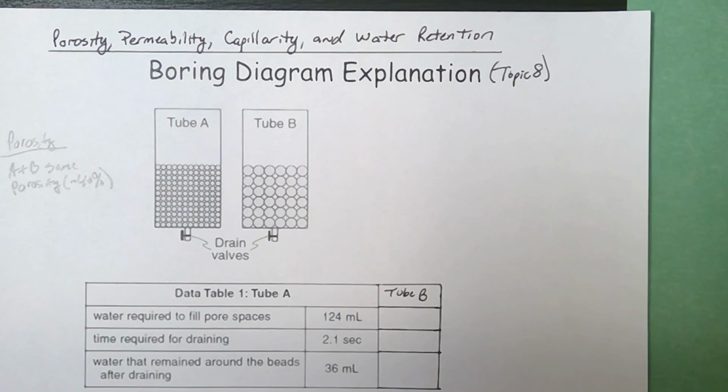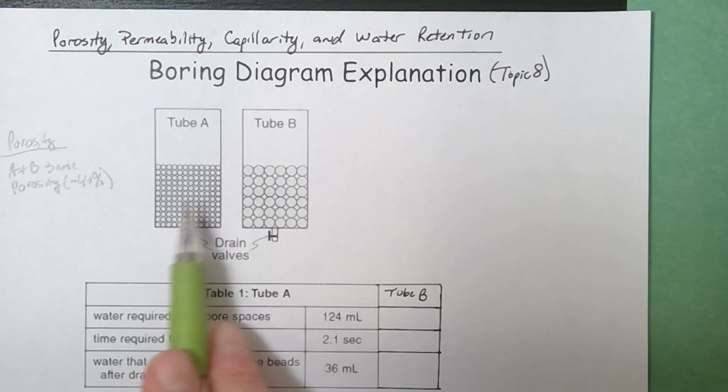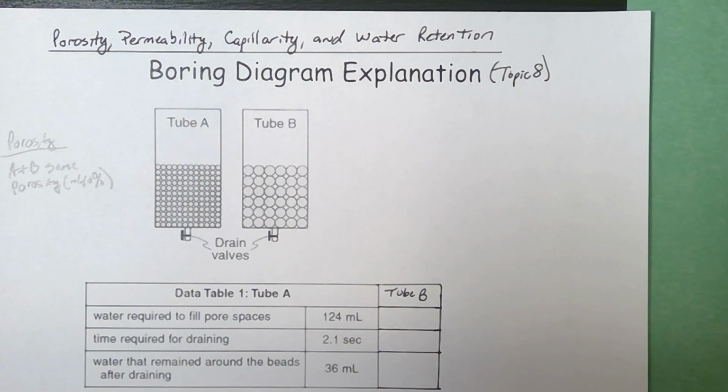If you change the shape, if you change the size, if you made them a mixture, if you put the small ones in with the large ones, that would reduce the porosity, but for the example that we have here, these two samples should have the exact same porosity.